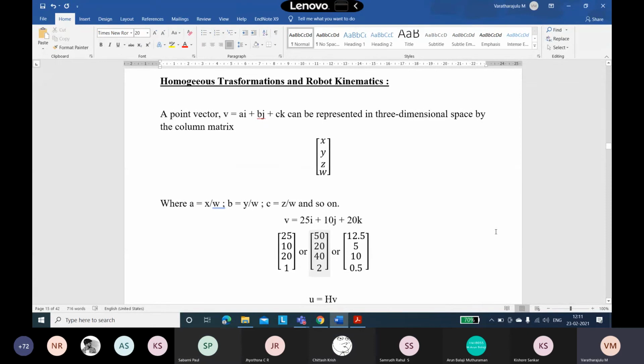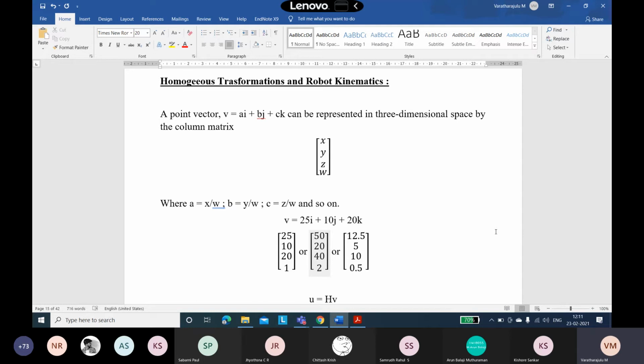Okay, we'll start the conversion, that is homogeneous transformation. In the textbook, Groover presented it in a nice way. There he followed two different approaches to get the orientation. He divided the problem into an orientation problem and a positioning problem.